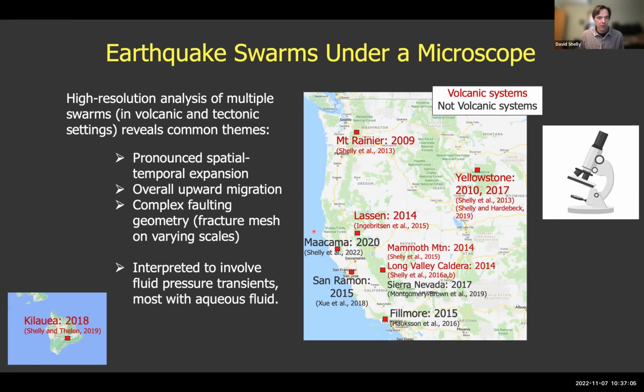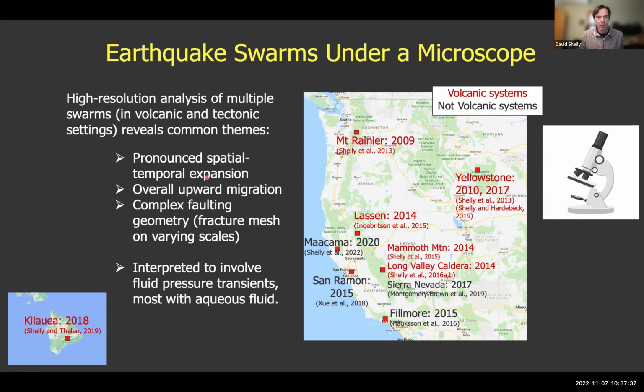all of these squares on this map and this map over here are earthquake swarms of one form or another that I've had the opportunity to look at in more detail. And these are a mix of volcanic and tectonic or non-volcanic earthquake swarms. There are some overall patterns, some common themes that start to emerge from these earthquake swarms.